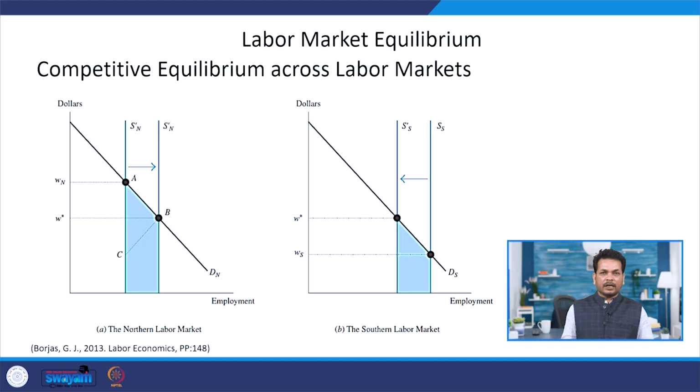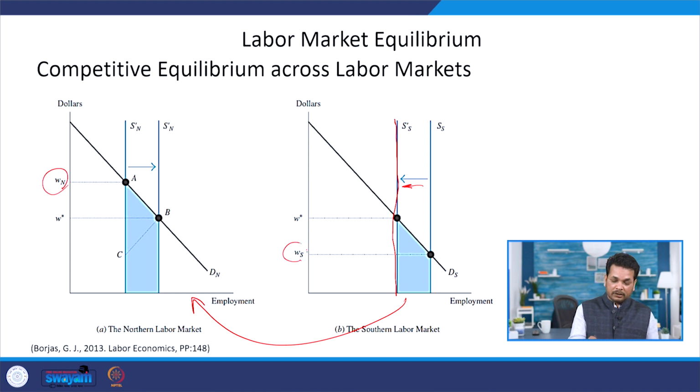So, one possibility is that the workers may move from south to north, or it may be possible that the employers move from north to south. If the workers are going to move from south to north, then what is going to happen? The supply is going to shift in the south labor market as the workers move from south to north, because the wage rate in the north is high as compared to the wage rate in the south.